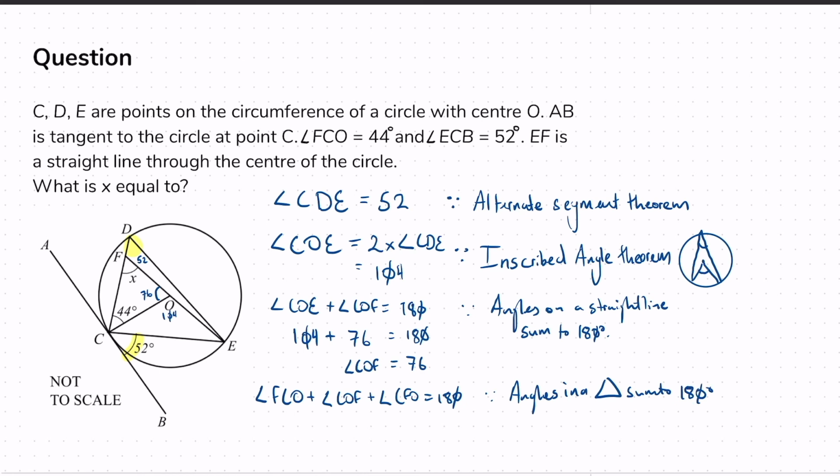FCO, well, we know that, that's 44. Plus COF, well, we know that as well, that's 76. Plus X equals 180. So 180 take away (44 plus 76). Well, 44 plus 76 is 120. Equals X, which equals 60 degrees.